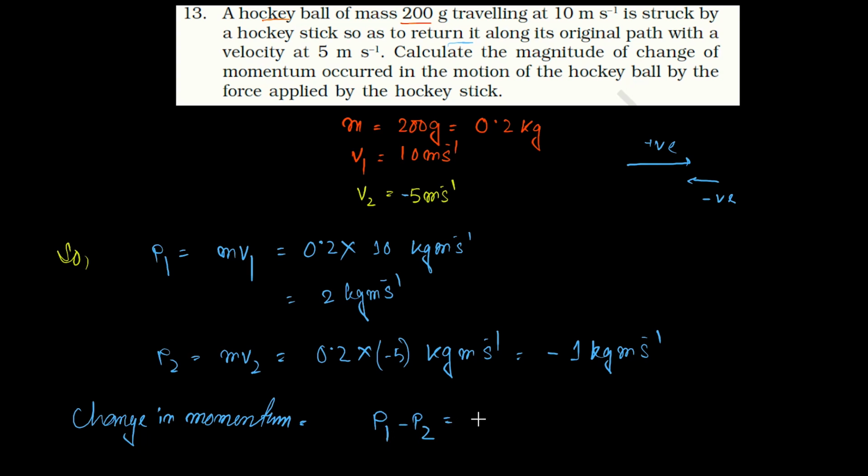P1 is 2, minus minus 1, in kg meter per second. If you solve this, you get 2 plus 1, which is 3 kg meter per second. So the change in momentum, P1 minus P2, is 3 kg meter per second. Simple question, simple answer.